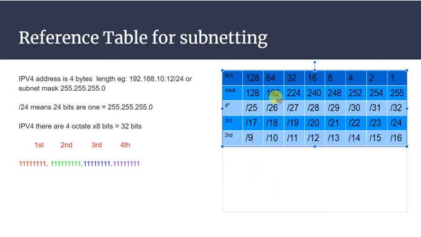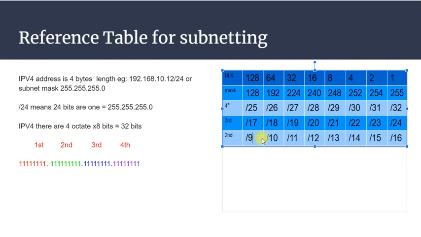If we get slash 26 on the fourth octet, your subnet mask in decimal notation we can write as 255.255.255.192, and it is going to increment by a block size of 64. That means your network will be 2 bits, right? 2 bits you are taking, so automatically you will have 4 networks.